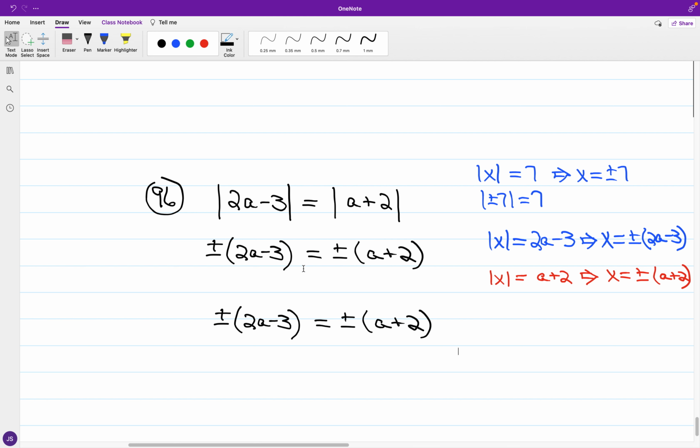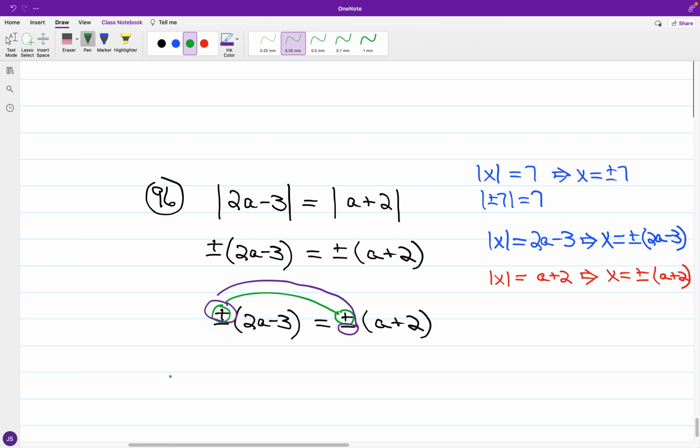You just need one pairing where you have the same sign and also opposite sign. So one route is I can map together the positive 2a minus 3 with the positive a plus 2, where you have the same sign, and for opposite sign, let's say the positive of 2a minus 3 with the negative of a plus 2. If I go with negative, positive, negative, negative from 2a minus 3 to a plus 2, I'm going to have a duplication of the pairing I'm choosing.